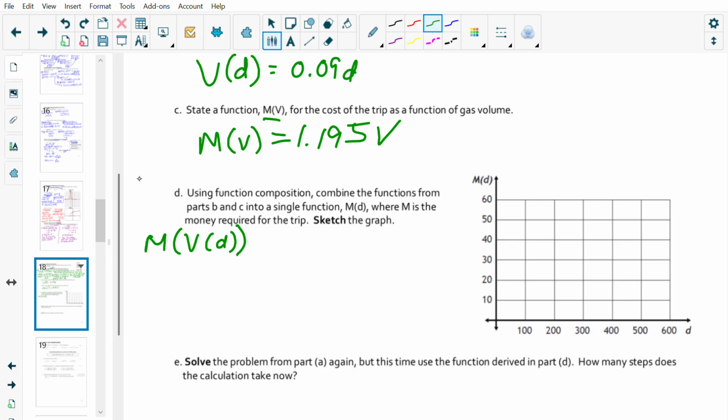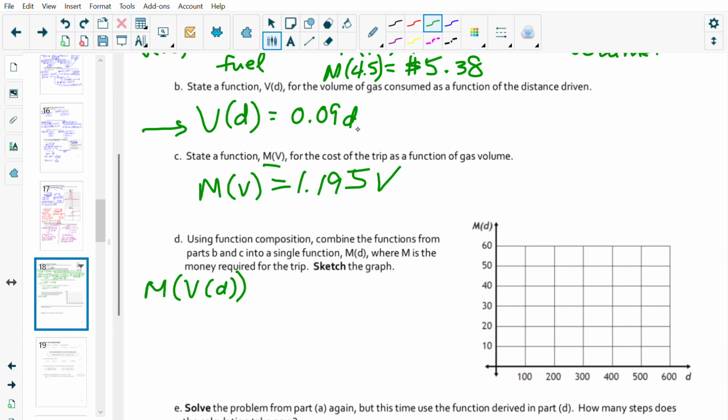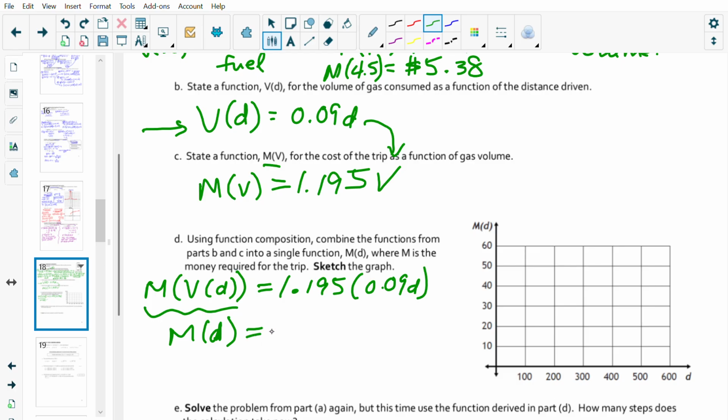Let's compose those two functions. So you take v of d, and then we substitute it into anywhere we see the v. So we're going to substitute right into that v. Okay, so m of v of d will equal 1.195 times 0.09 d. Okay, I'm going to shorten this to m of d because now it's the cost of gasoline as a function of the distance driven.